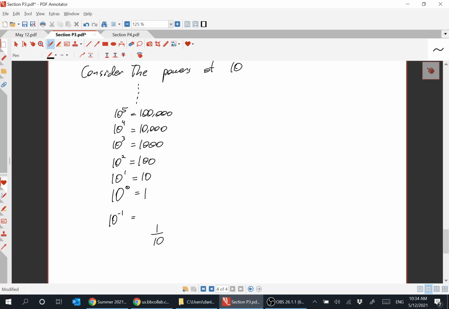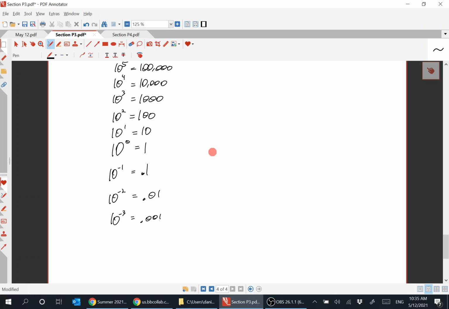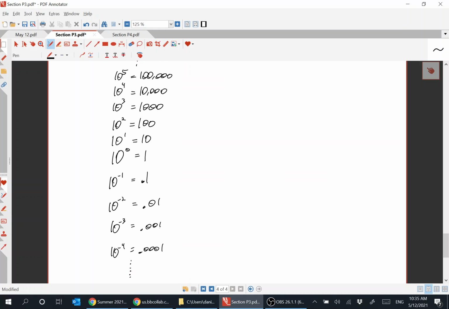But as a decimal expression, it's 0.1. 10 to the minus 2 is 0.01, 1/100. 10 to the minus 3 is 0.001. 10 to the minus 4th is 0.0001.